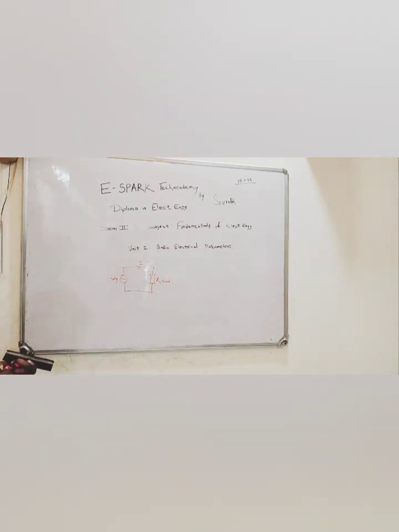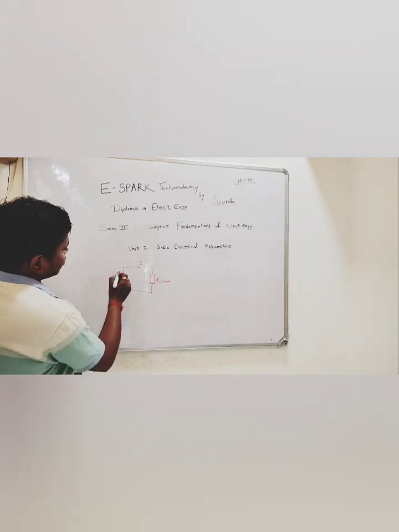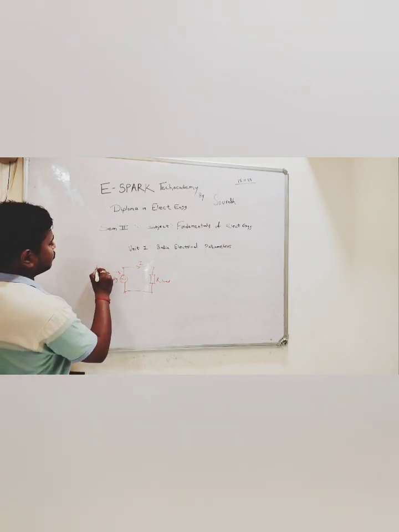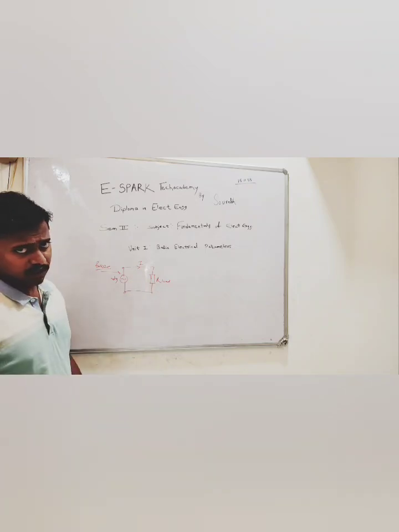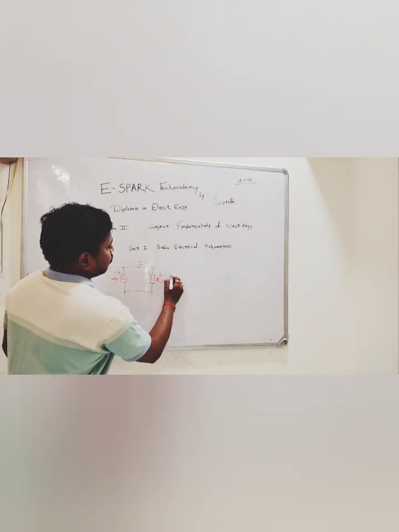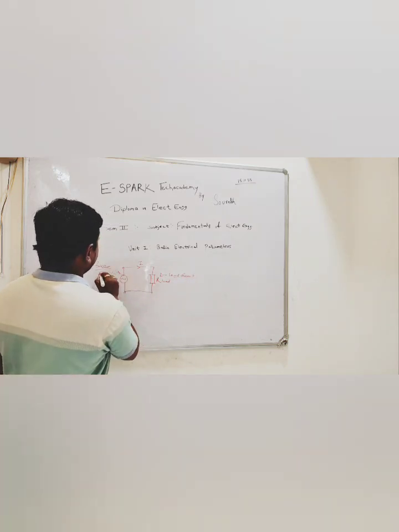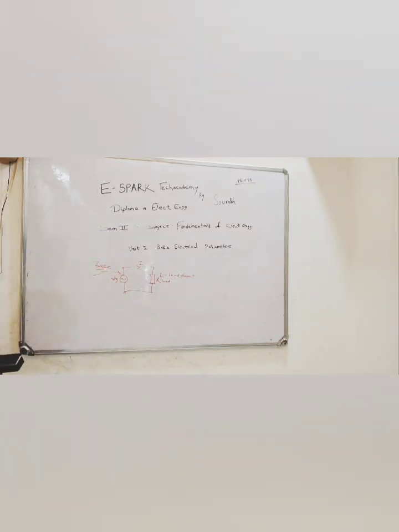Now we will see how the current flows. When you apply this kind of potential difference or voltage, or you can see it as a force applied to an element, which is nothing but a load element, then in this load element, when you apply a certain voltage, current will flow through it.